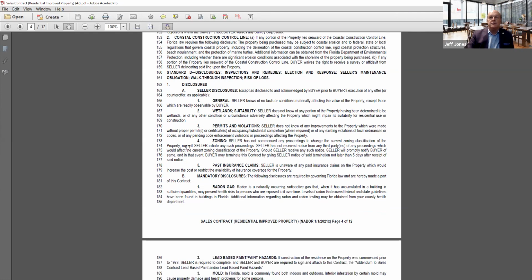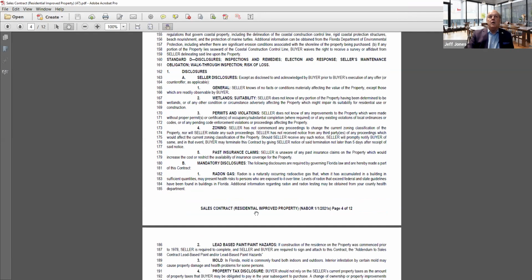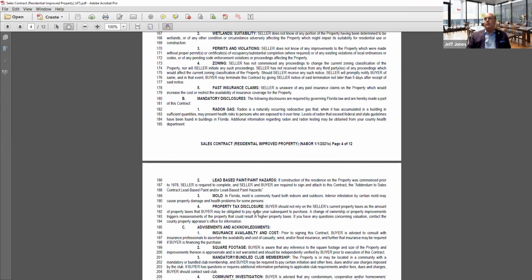So we're getting kind of toward the end here, but I want to go through all of these disclosures. So anyhow, past insurance claims: the current cost of insurance for a buyer can materially affect their ability to get a loan. So early on, we want to find out, A, what are the seller's insurance rates? B, can we assume their policy? And C, what's it going to cost us to move into that property?